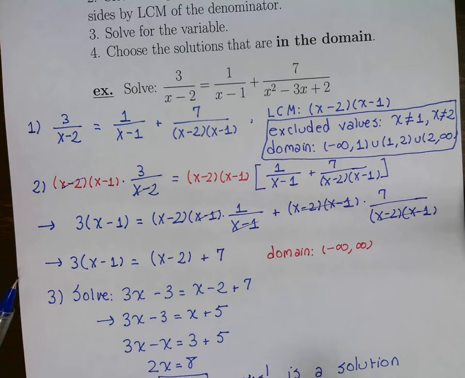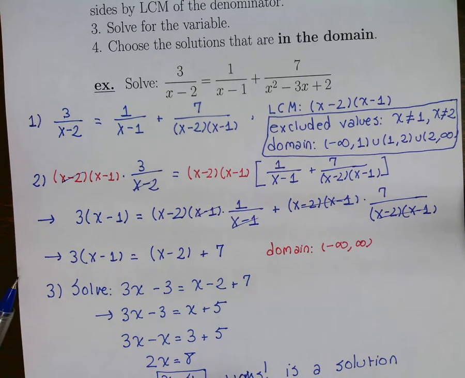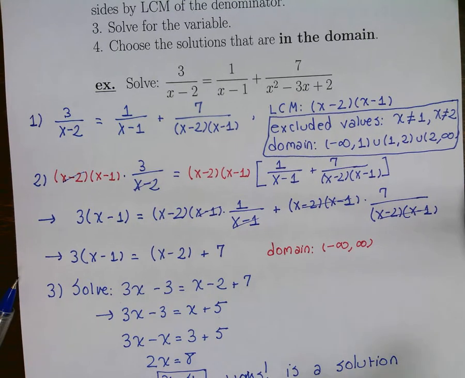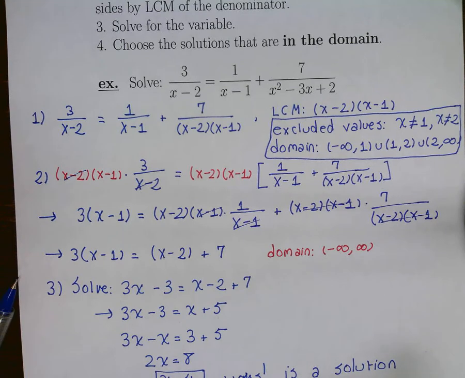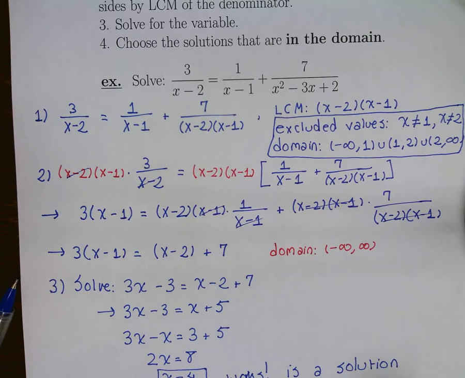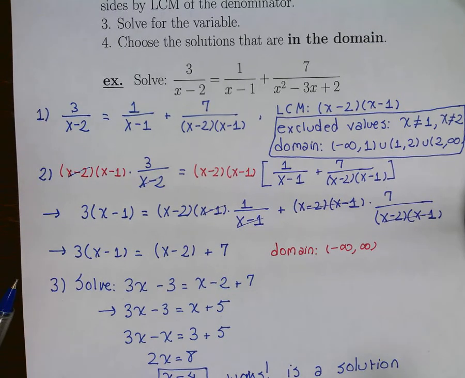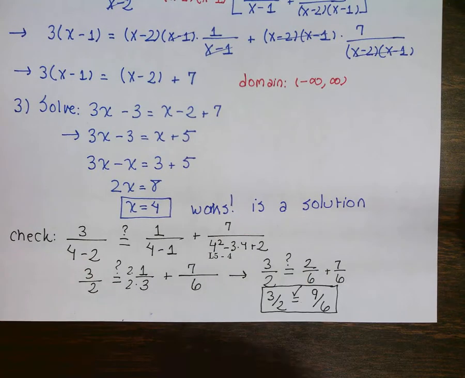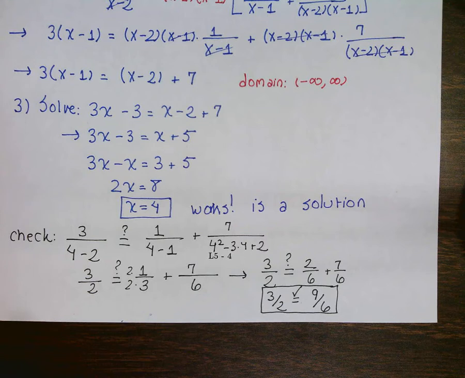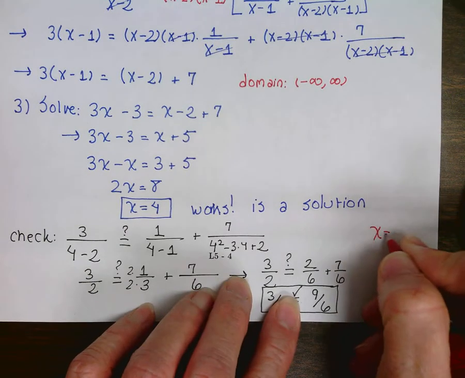So the question is, is 3/2 equal to, let's see, that'll be 2 sixths plus 7 sixths. Okay, well that's just 9 sixths. And if you reduce that second fraction, it does work. Sorry about that. Now you can look at that or check and see that it is a solution. So the answer to this problem is x equals 4.